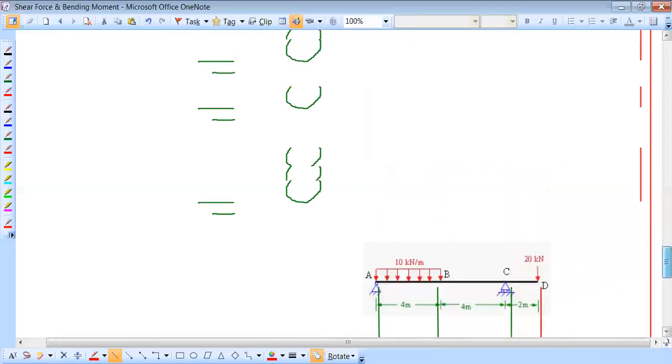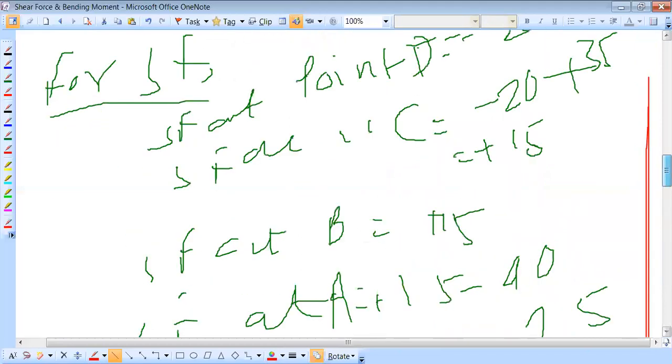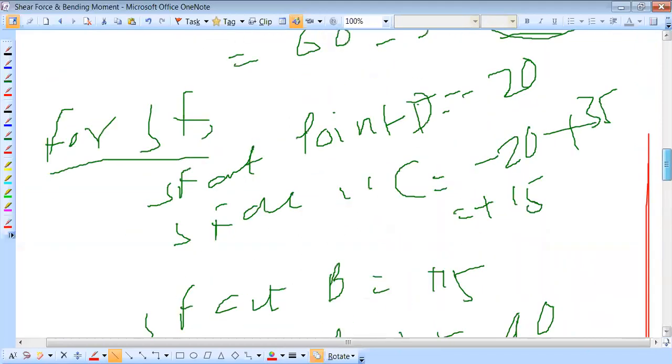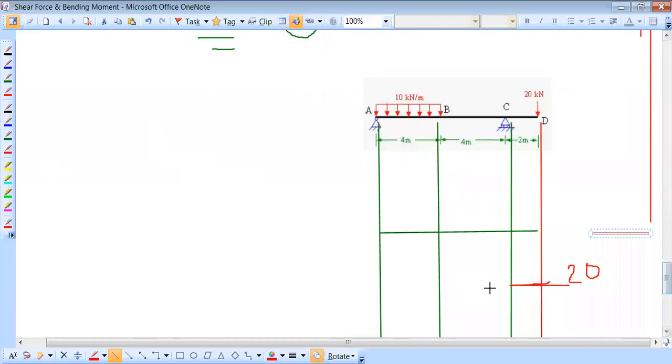You can see that the value at point C is equal to plus 15. Then we take a line from the 15 upward, positive. Between B and C there is no load condition.